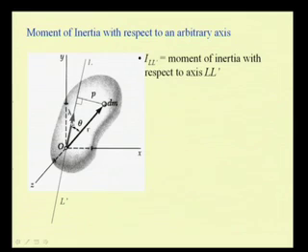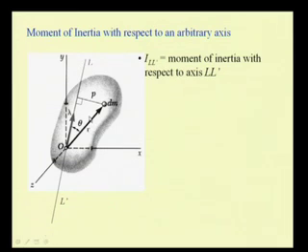Let us consider this lambda as the unit vector along the direction of our interest, that is L prime passing through O, and let theta be the angle between the vector r and this unit vector lambda, and let p be the perpendicular distance of this elemental mass dm from this axis L prime.